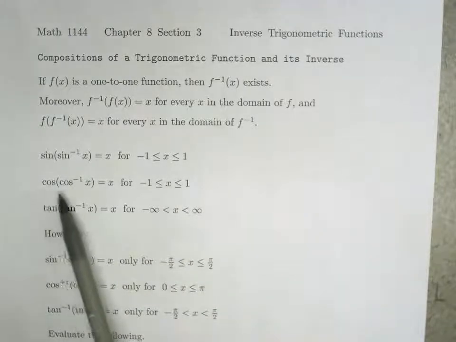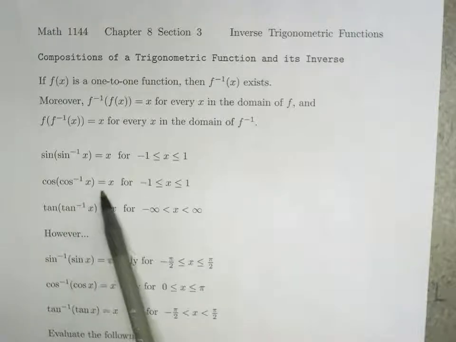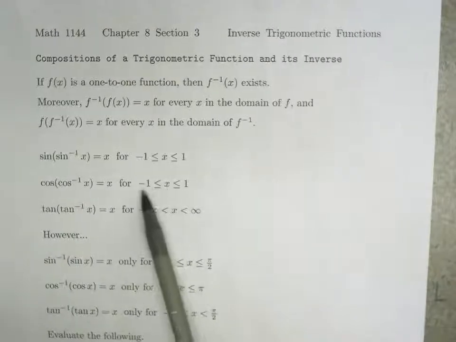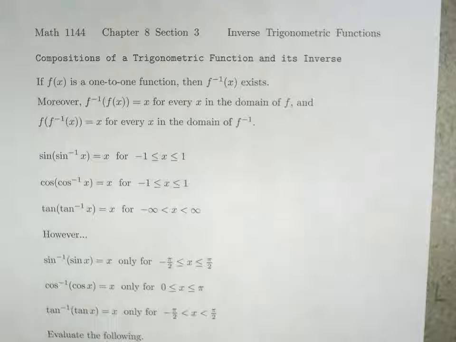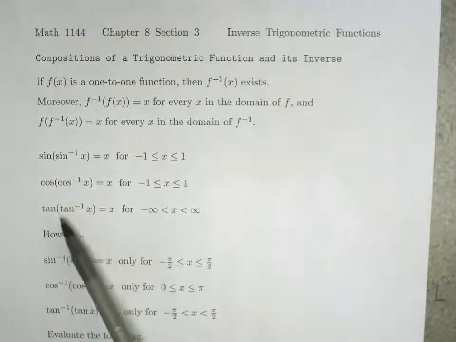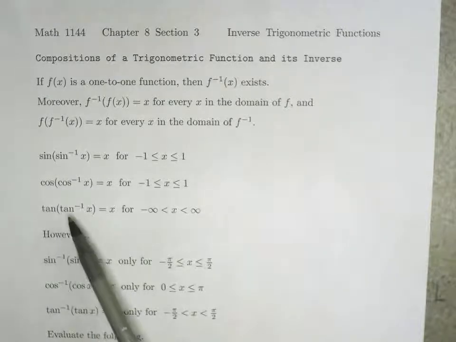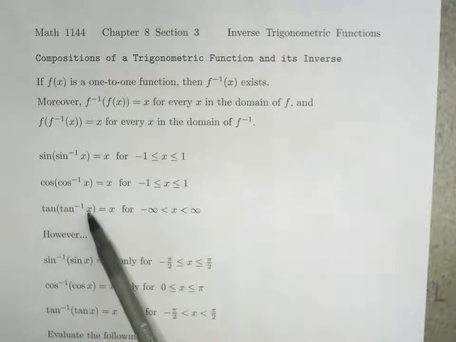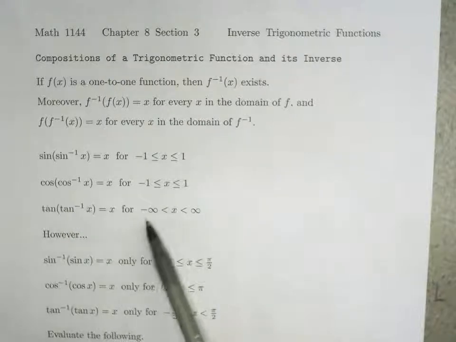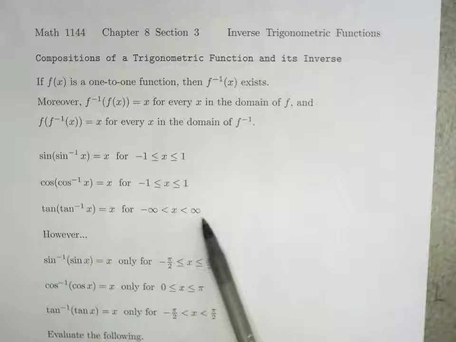And cosine of inverse cosine of x equals x for all x between -1 and 1. And tangent of inverse tangent of x equals x for all x between -infinity and +infinity.